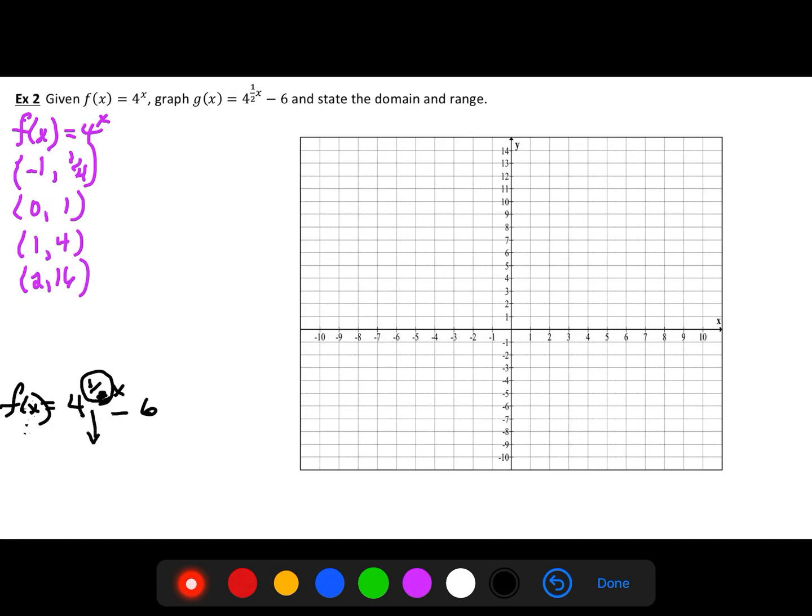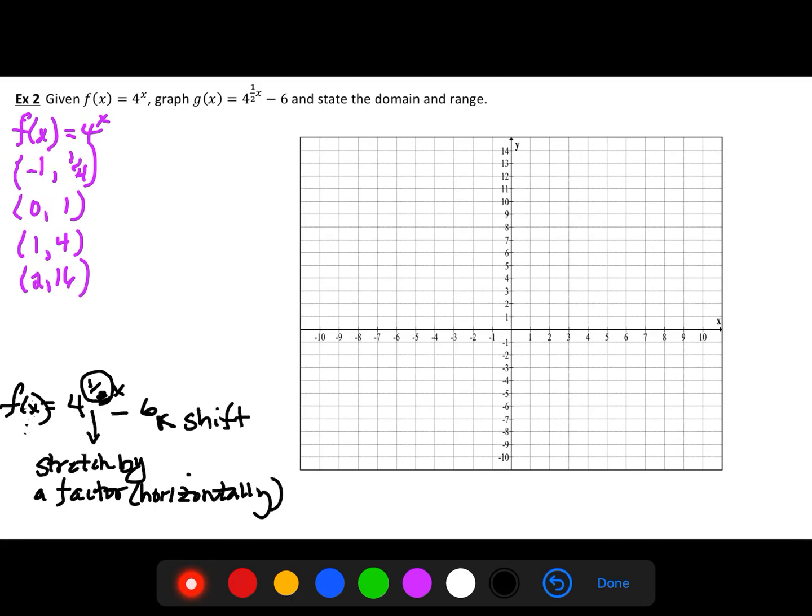Our 1/2 here is with our x, so it's going to alter our x values. Now remember, 1/2 means that that is going to be a stretch, does the opposite, by a factor of 2. So it's going to be twice as wide. So this is horizontally.